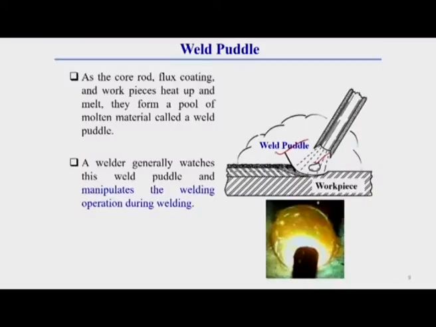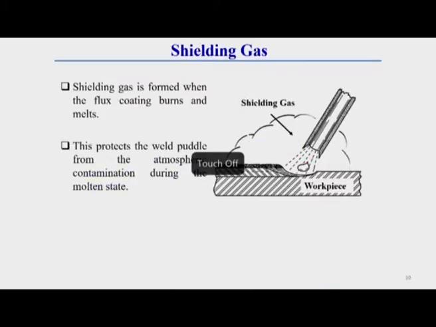Always keep in mind, the welder manipulates the welding operation by watching this weld puddle. It is well visible to the welder, so that they can see it and manipulate the welding operation during welding. This is a picture of a weld puddle. Now, the other constituent is the shielding gas.